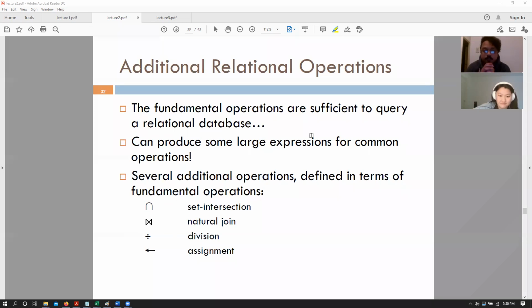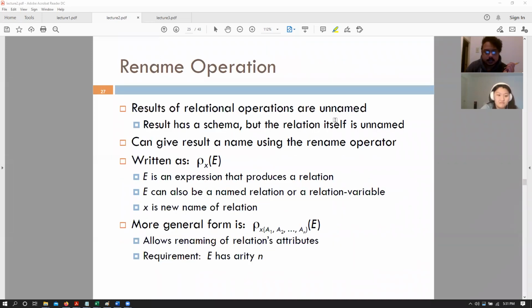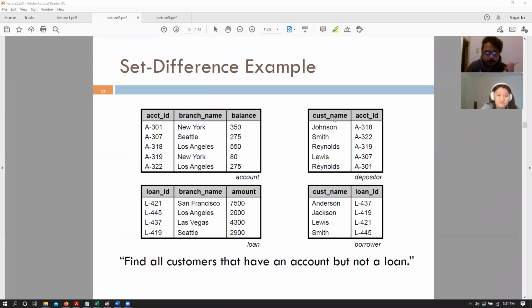Last time we left off talking about some derived relational algebra operations that we could do, but usually we were talking about mainly some six fundamental relational operations.